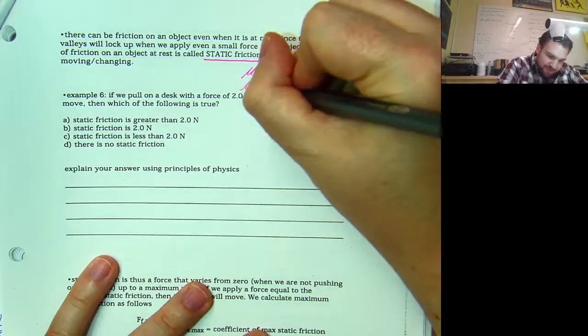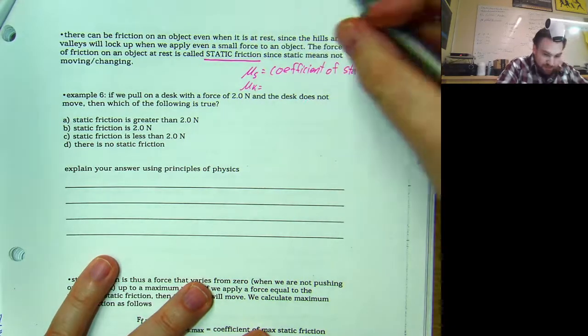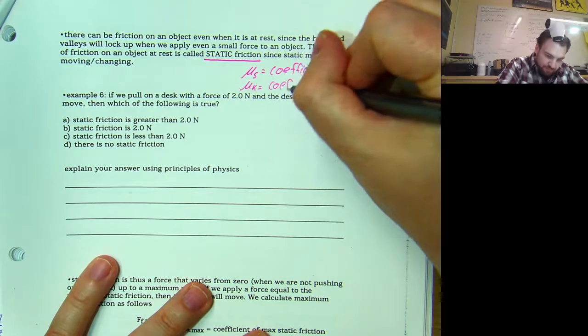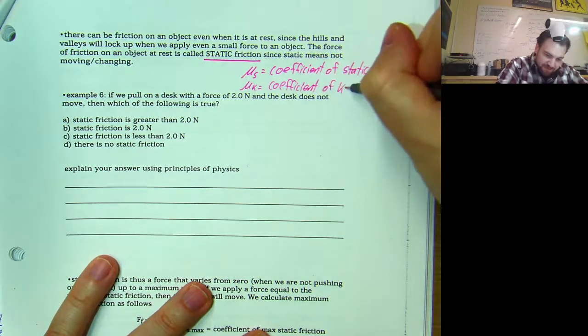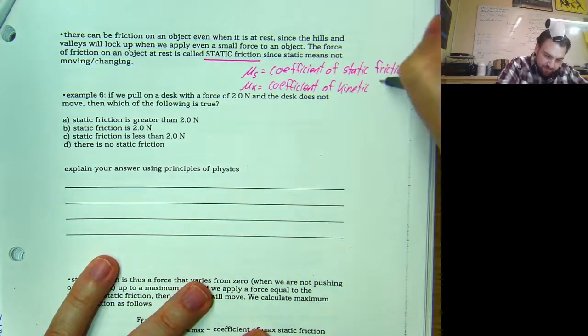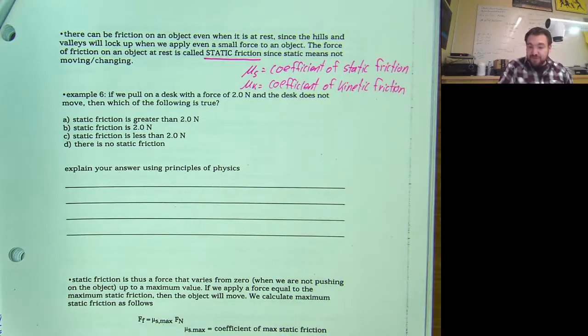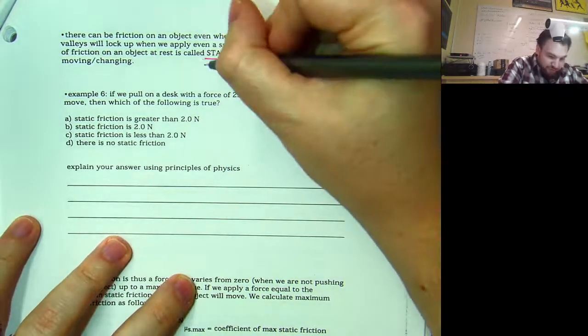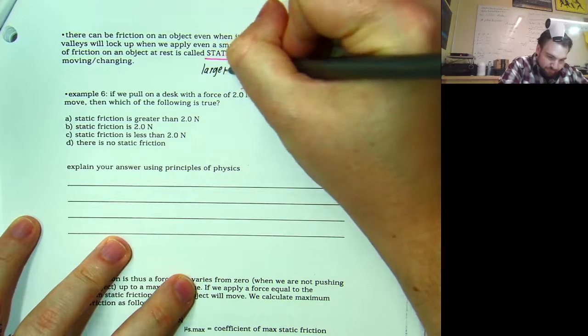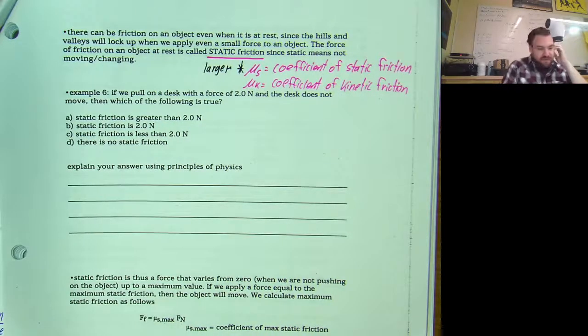And we're going to have mu sub k, which is the coefficient of kinetic friction. It's important to recognize that the static friction coefficient is larger than kinetic friction. It's always harder to get an object moving if it's stopped. Once you've got it moving and sliding, it's easier to deal with.